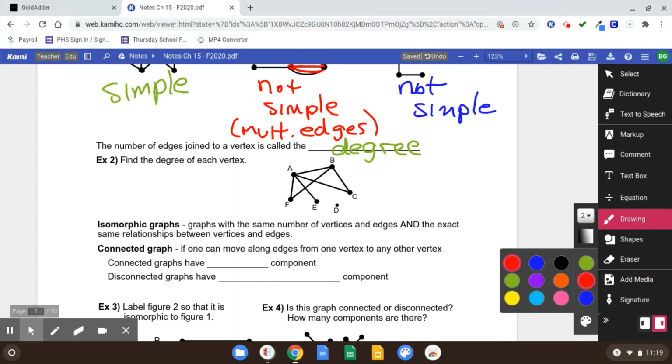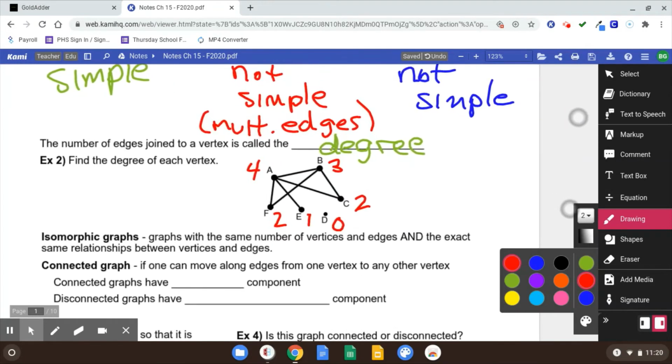If you look at vertex A, there are 1, 2, 3, 4 edges coming out. So that degree is 4. And B has a degree of 3 because there are 3 edges coming out. C is 2, D is 0, E is 1, and F is 2. So we can find the degree of each vertex, and that's going to help us solve a lot of problems at some point.